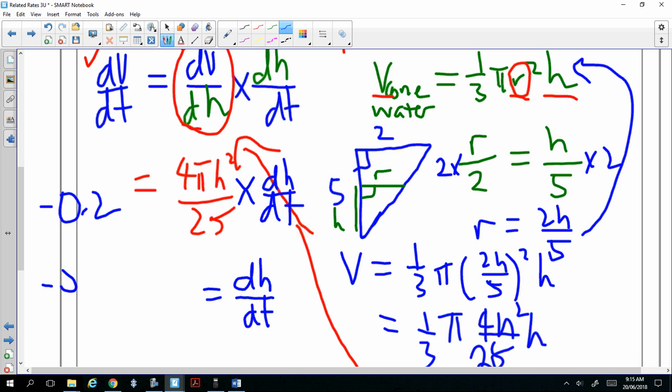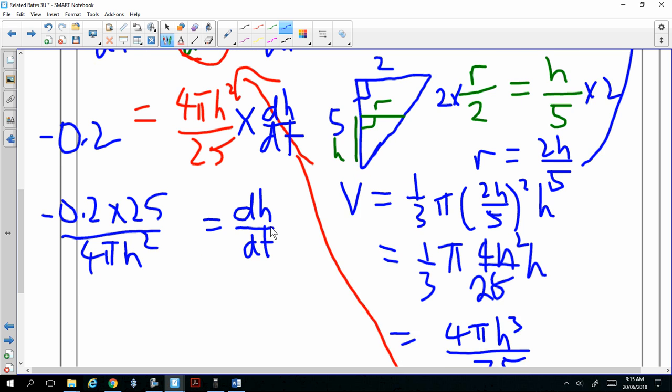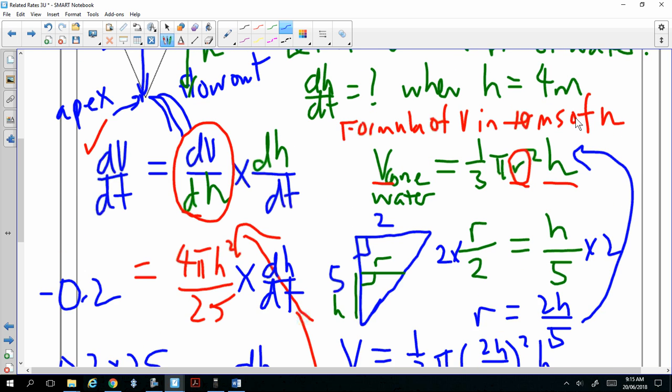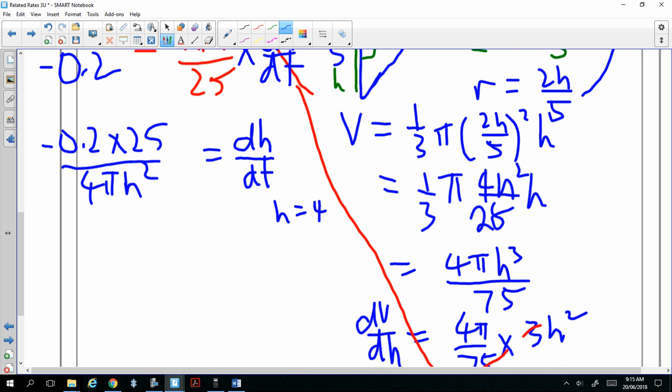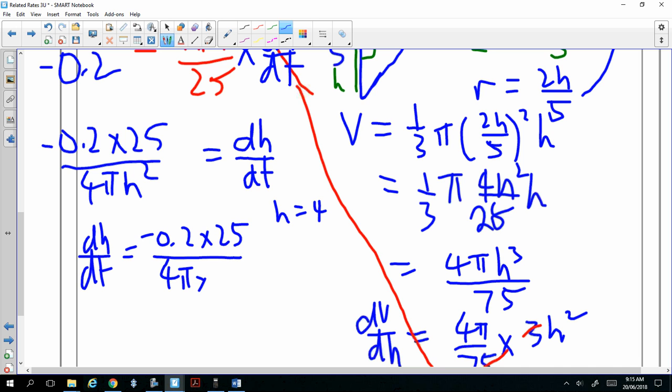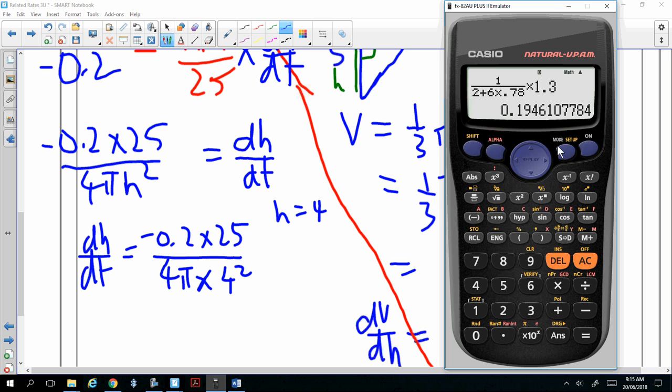Then you have to find the rate when h is 4 meters. So substitute h equals 4. That means dh/dt equals negative 0.2 times 25 over 4 pi times 4 squared. Then you just do it on a calculator: 0.2 times 25 divided by 4 pi times 16.